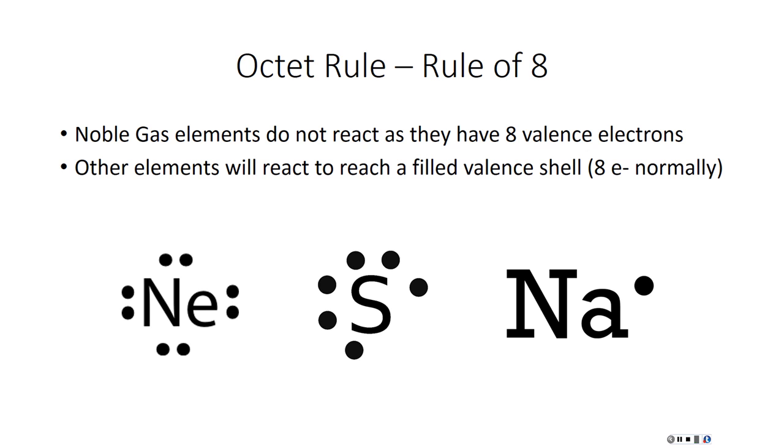Other questions? If there happens to be 4 valence electrons, does it typically give up 4, or does it take on 4 more? Okay, so carbon is the perfect example of this. Carbon has 4 valence electrons, so the question is, does it give up 4 or take on 4? It really does both. It depends on what it's matched with. If it's matched with something that wants to give up electrons, then it takes them. If it's matched with something that wants to take them, then it will give up.